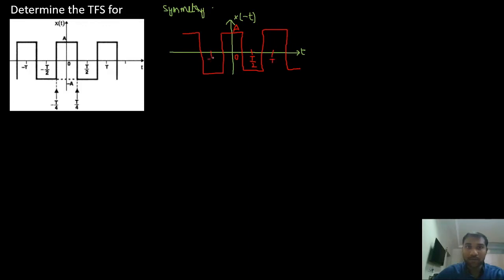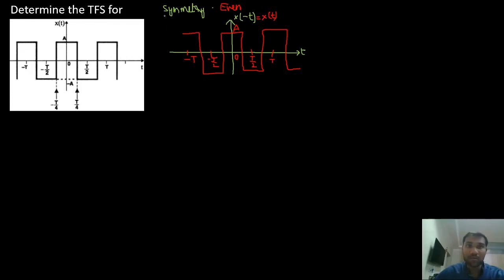This way. So this is my x of minus t, which is equal to x of t. When x of t is equal to x of minus t, what kind of symmetry is it? It is even symmetry, right? So the given signal exhibits even symmetry. So the given signal is an even signal.